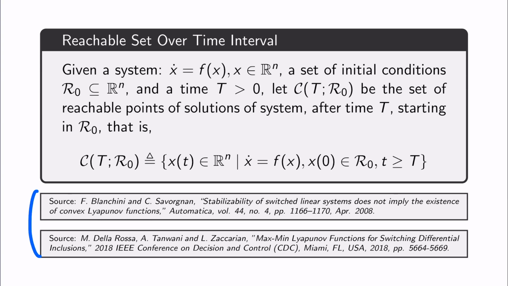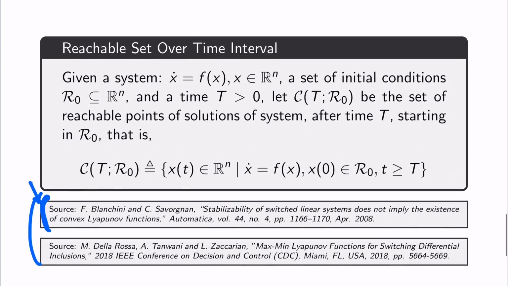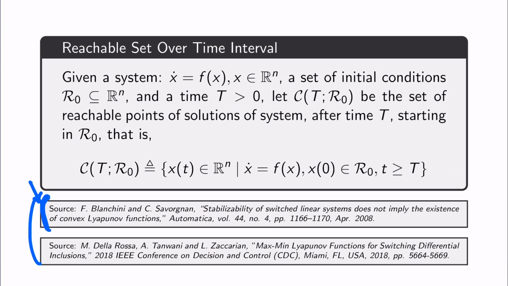Then there's a lemma based on this paper, and that paper has a lemma that discusses when you can find a convex open function for a given dynamic system and when you cannot. So very fundamental, I would say, and these definitions prime you to get the feeling of this lemma that comes from this source.